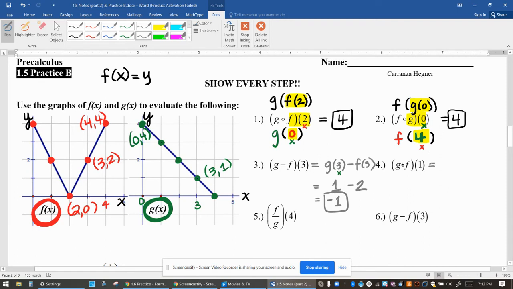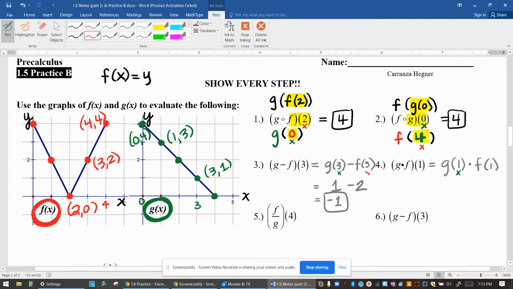Okay, so closed circle means multiplication. Again, this is the same as g of 1 times f of 1. G of 1, so looking at the green function, g of 1 is 3, because the ordered pair that has an x value of 1 is 1, 3.